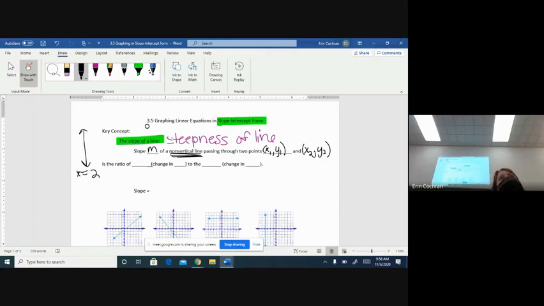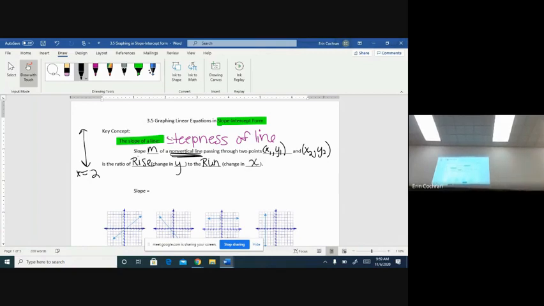Just 2. It doesn't matter which 2. It's just any 2 points on a line, okay? Slope is the ratio of rise to run, which is, rise is the change in y, and the run is the change in x.